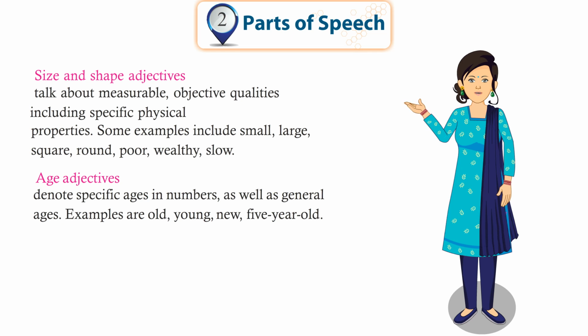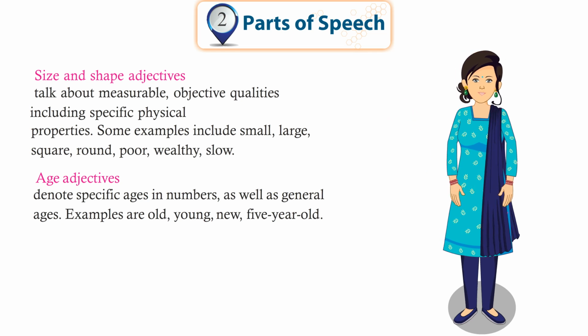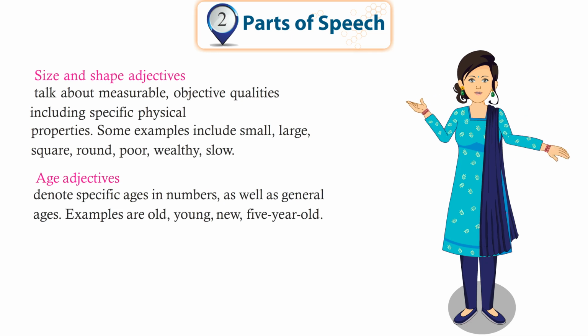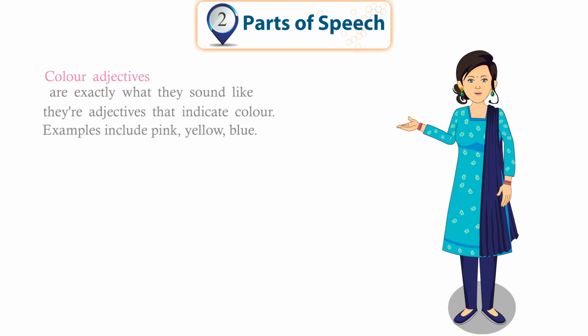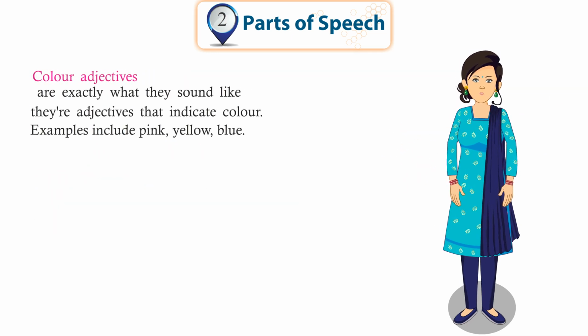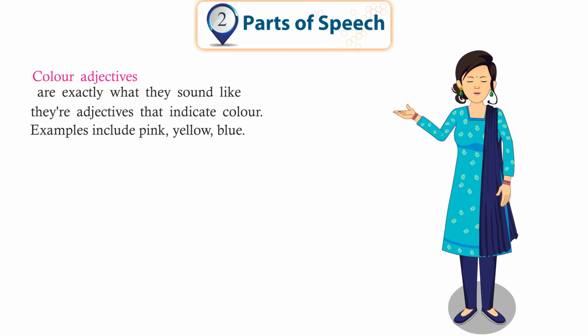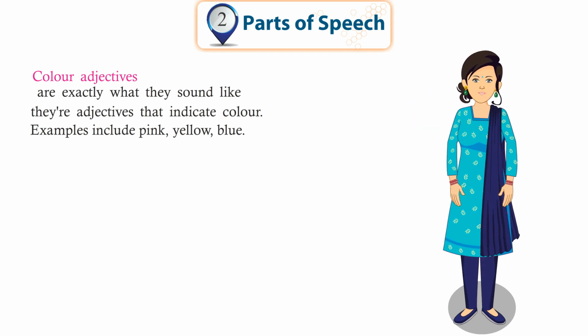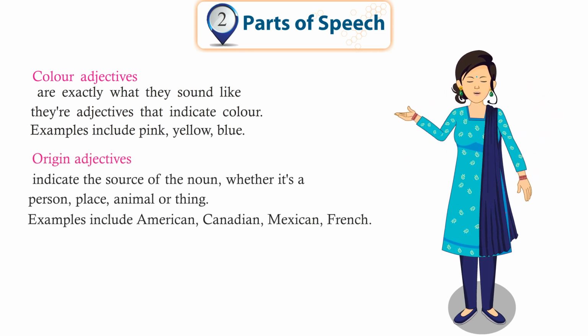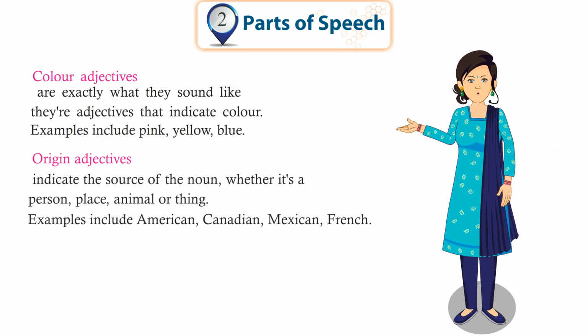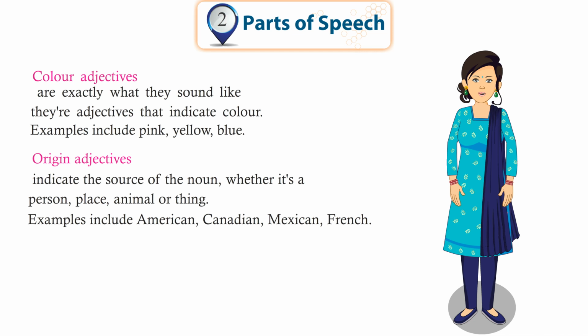Age adjectives denote specific ages in numbers as well as general ages. Examples are old, young, new, 5-year-old. Color adjectives are exactly what they sound like. They are adjectives that indicate color. Examples include pink, yellow, blue. Origin adjectives indicate the source of the noun, whether it's a person, place, animal, or thing.